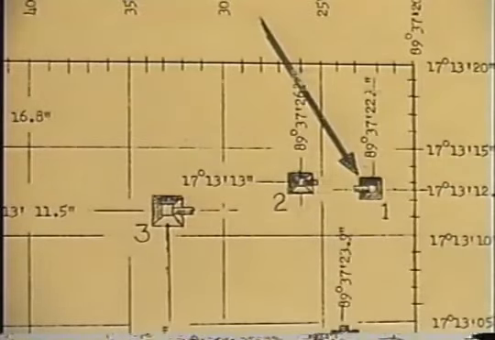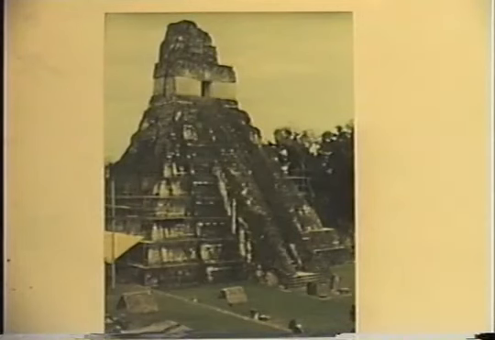The subject of this segment is Temple 1, the so-called Temple of the Giant Jaguar. A magnificent pyramid that was built, apparently, by the Maya about 2,000 years ago.